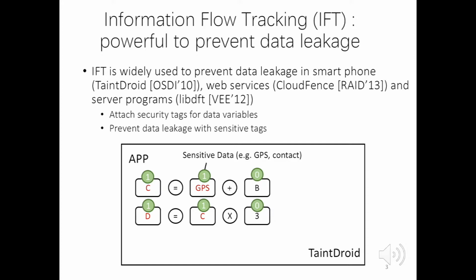If the application sends the sensitive data D to the outside world directly, IFT will detect this label 1 and know that this data is sensitive, so the data output is prohibited. IFT is such a powerful tool for mandatory access control.